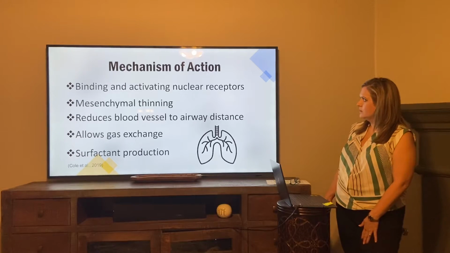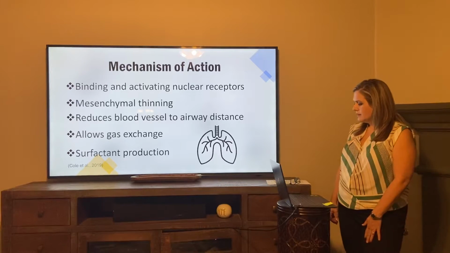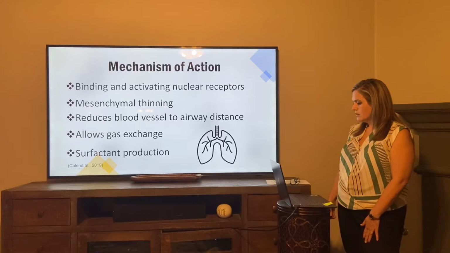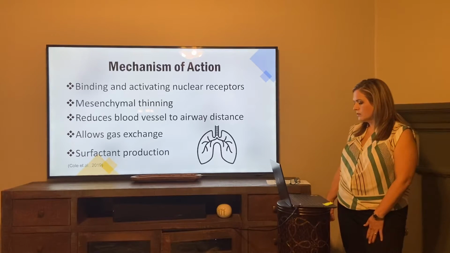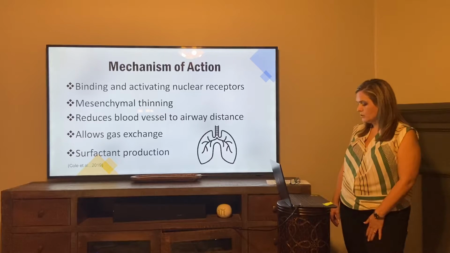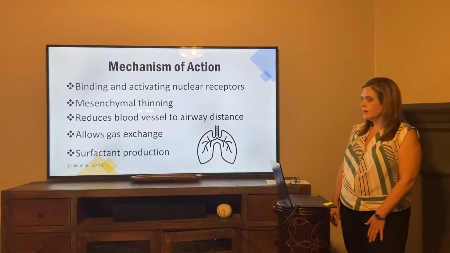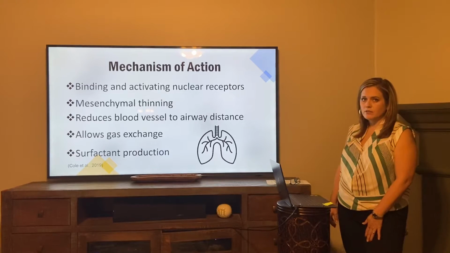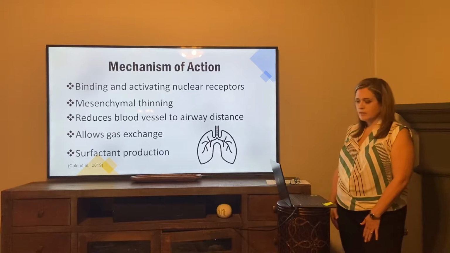Betamethasone binds and activates nuclear receptors. It promotes mesenchymal thinning, which reduces the blood vessel to airway distances, allowing appropriate gas exchange, which then allows for surfactant production, which we know we need for successful oxygenation and carbon dioxide exchange.